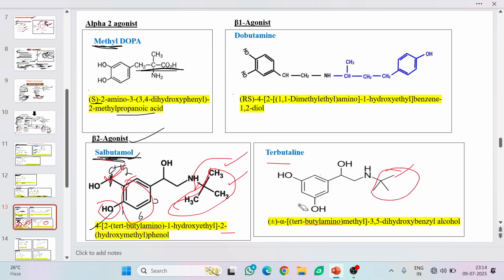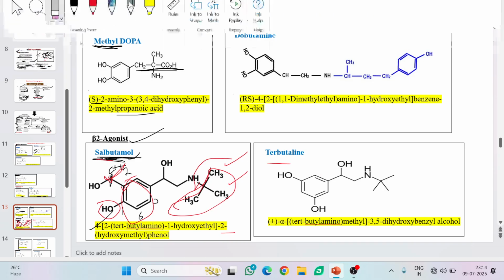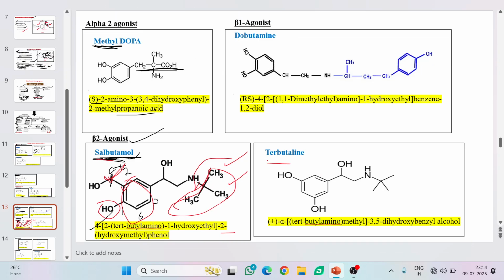So we will understand by their IUPAC name. Before going to the IUPAC name, we will understand this ring that is present. Always remember, if hydroxy groups are simultaneously at the 1,2 position, then it is called a catechol.